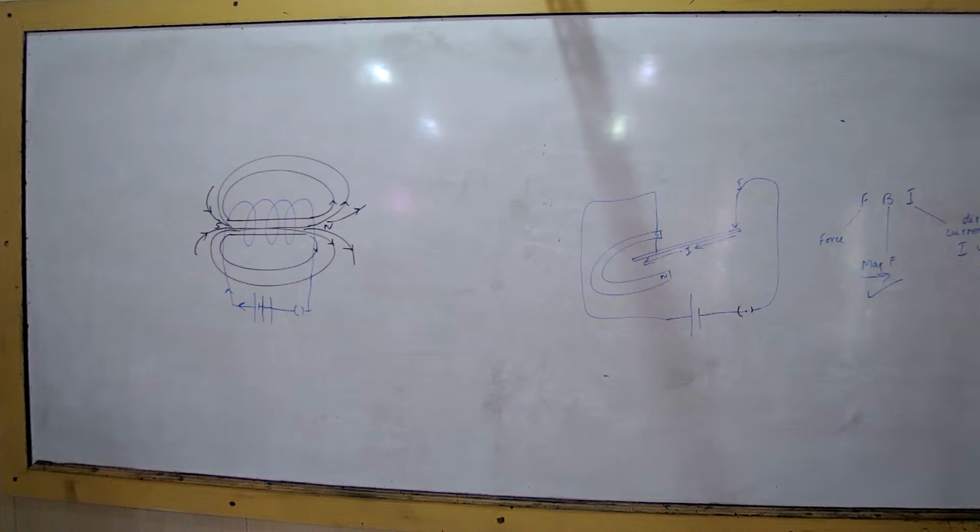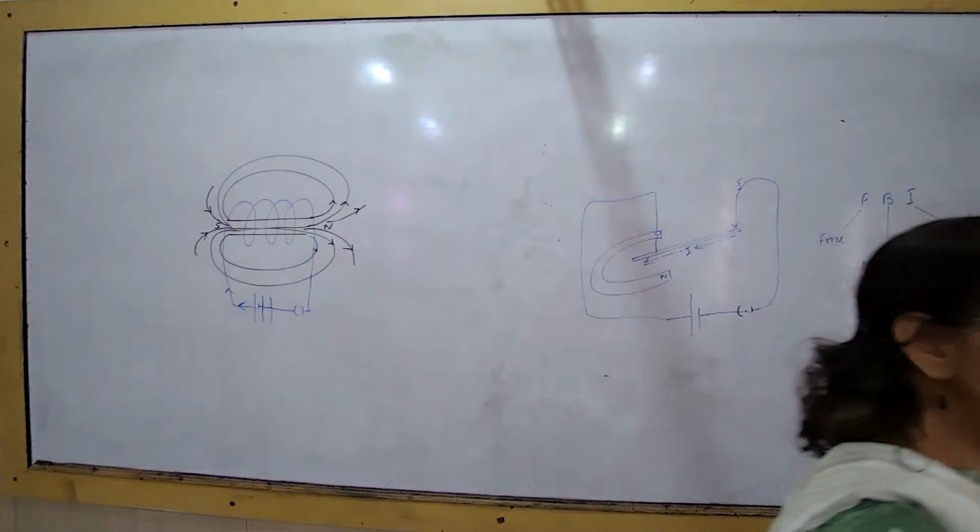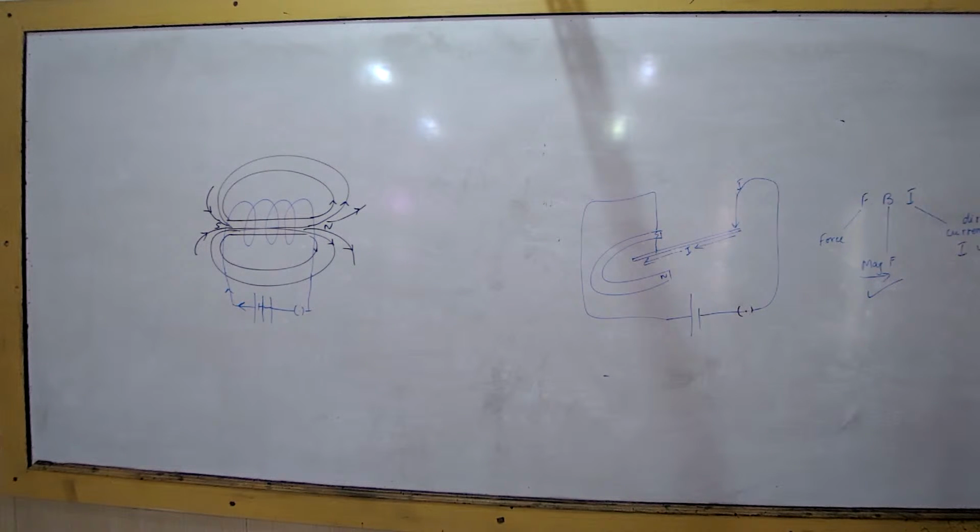Is that okay? Who can tell me the rule now? You want to try? Yes, try. According to the rule, stretch the thumb, forefinger, and middle finger of your left hand in such a way that they are mutually perpendicular to each other, such that the forefinger shows the direction of the magnetic field, the second finger shows the direction of the current, and the thumb shows the direction of the force or the direction of the motion.